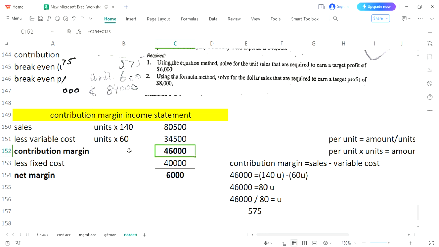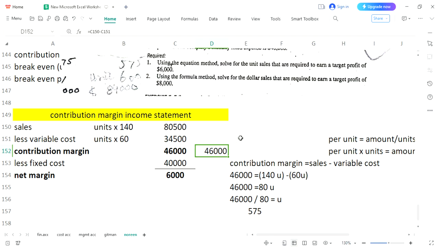Alright, we have calculated. To check it out, you can subtract your variable cost from your sale price. It should be equal to 46,000. So here is your sales and you need to subtract your variable cost, which is 3450, and yes, our answer has been arrived.